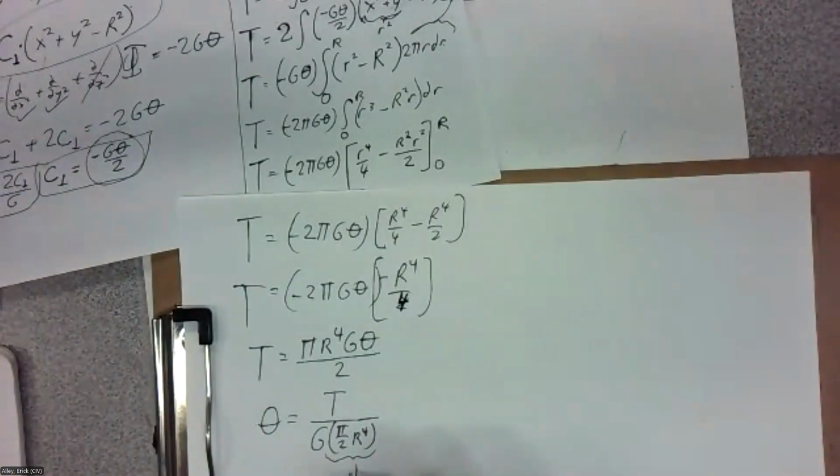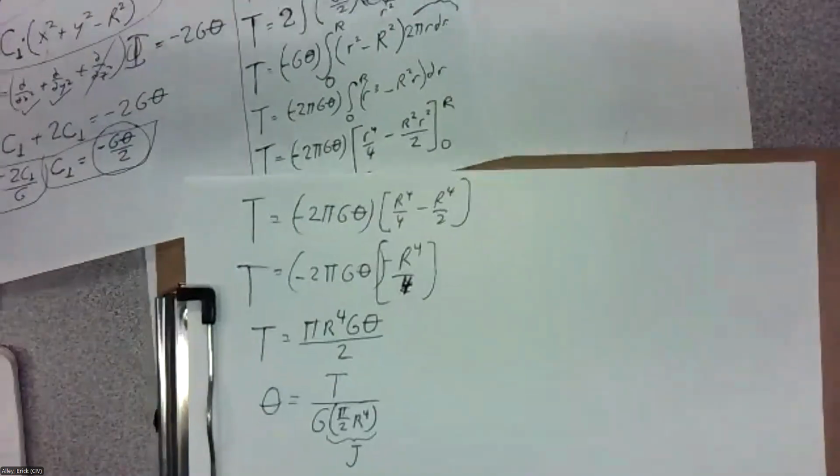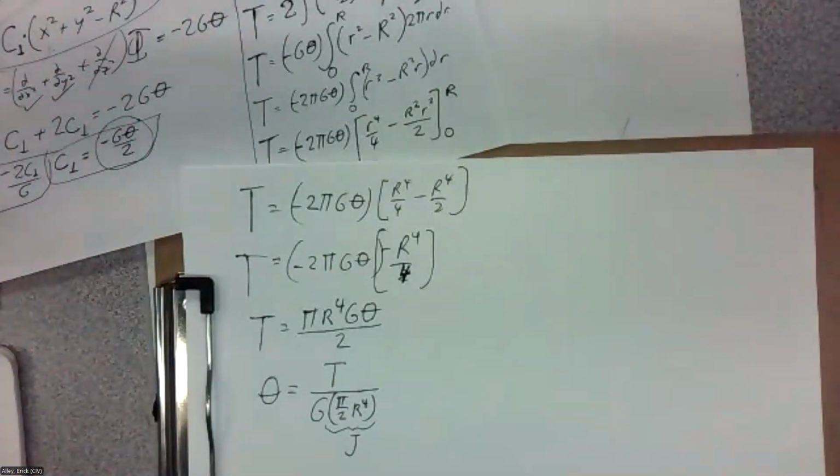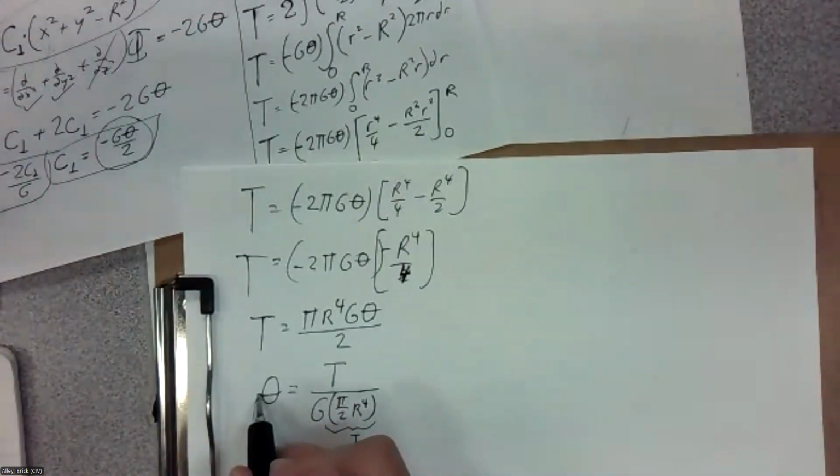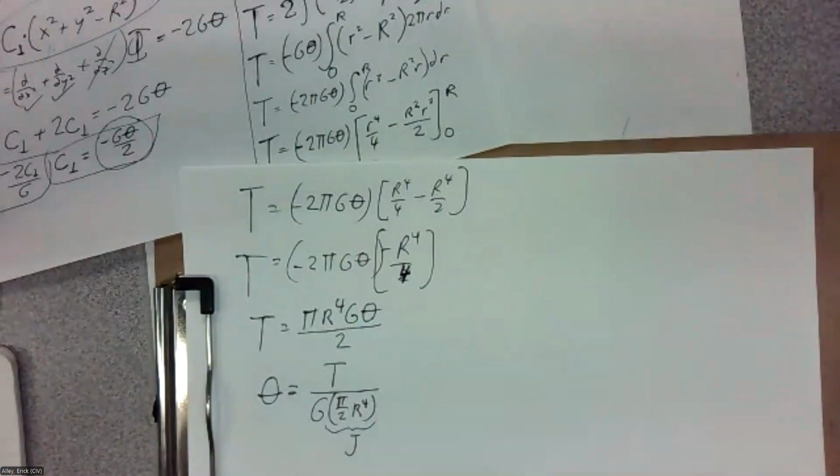Well, that looks an awful lot like the circular J value, right? So there we are. Now we've got T over GJ equals theta based on our Prandtl function. So everything's checking out the way it's supposed to be. So theta now is T over GJ.